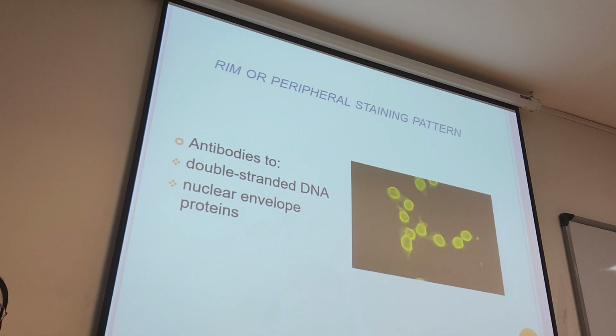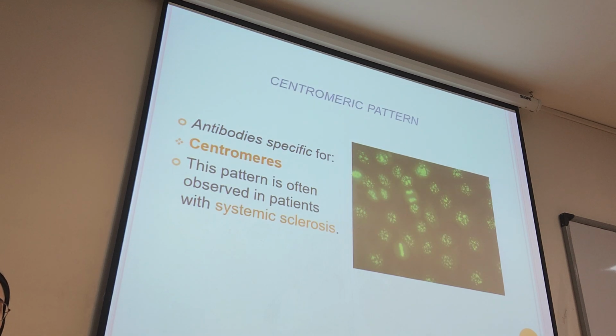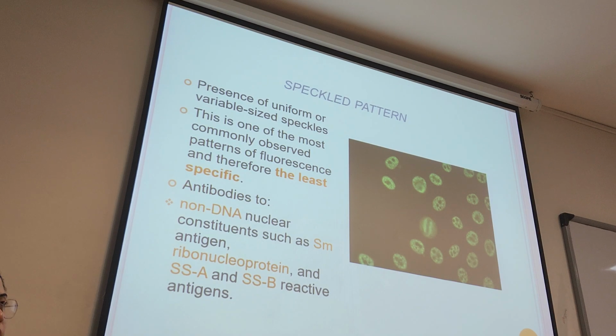Here we have the ring pattern of positivity. It means we have antibodies to double-stranded DNA or nuclear envelope proteins. And for example, here we have centromeric pattern, or we have speckle pattern.